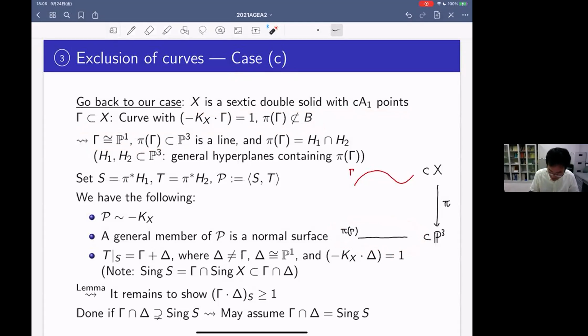By taking general hyperplanes on P3 containing this line, of course, we have this kind of picture here. So set S to be the pullback of H1 and T the pullback of H2, and define P to be the pencil generated by S and T.